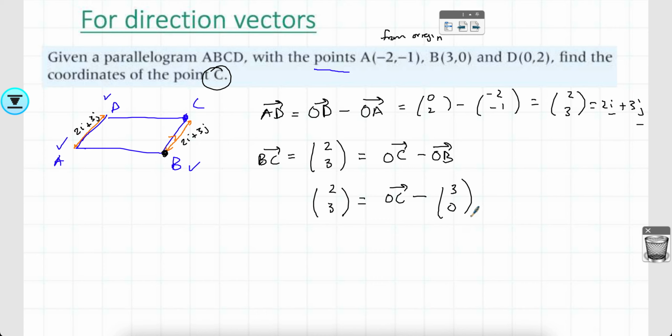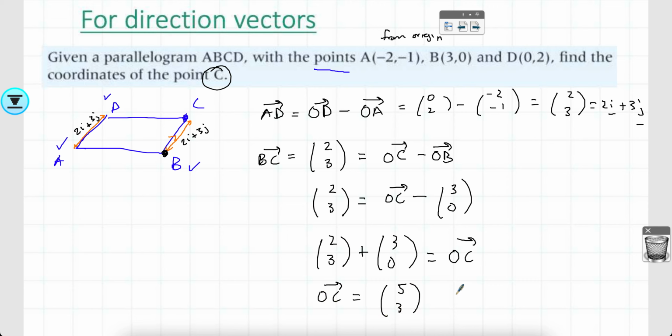And then moving things around, you have 2, 3, and you're adding 3, 0. This will give you OC that we need, which is 5 and 3, or 5i plus 3j. So that's the components, but we know as a vector the point C will have coordinate 5, 3.